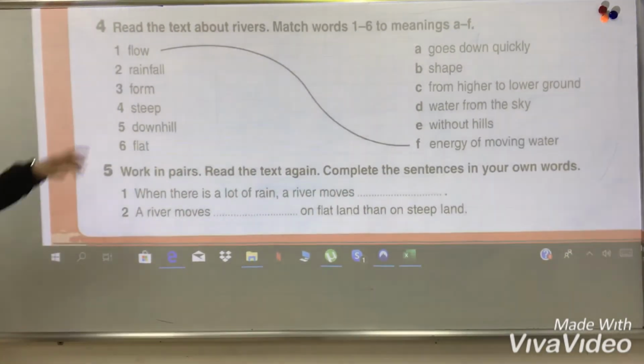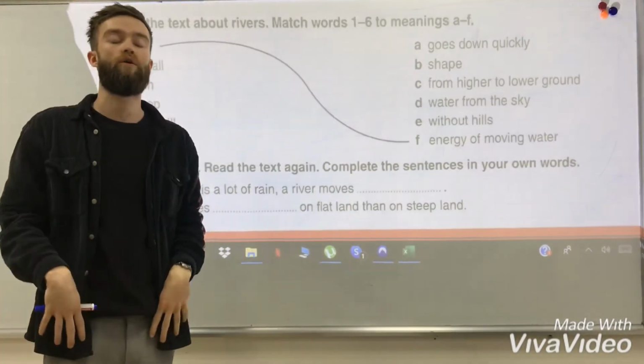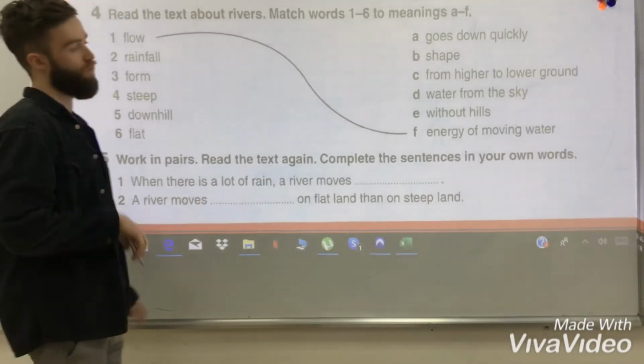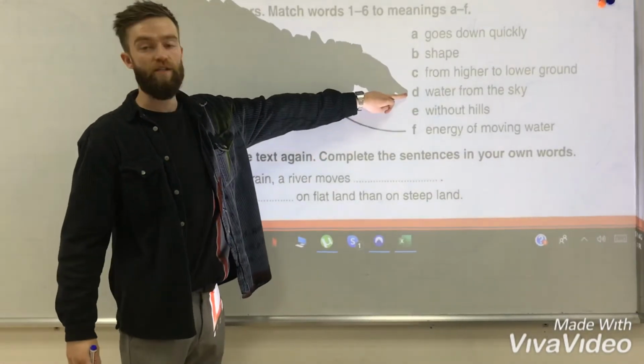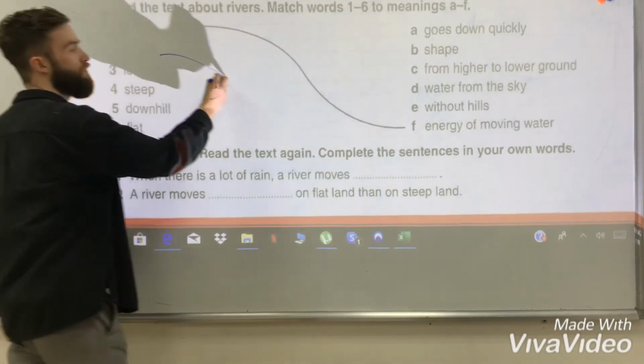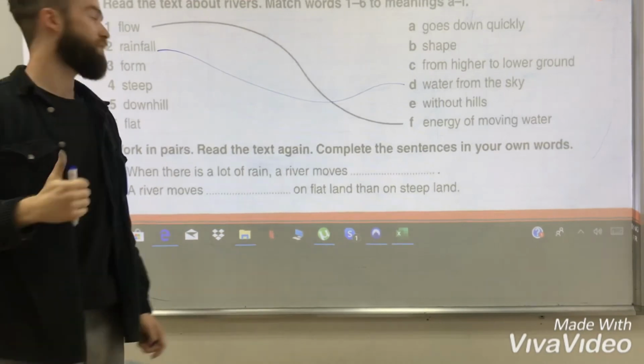Good. Now, number 2 is rainfall. Of course, we know that rainfall is water from the sky. Good.